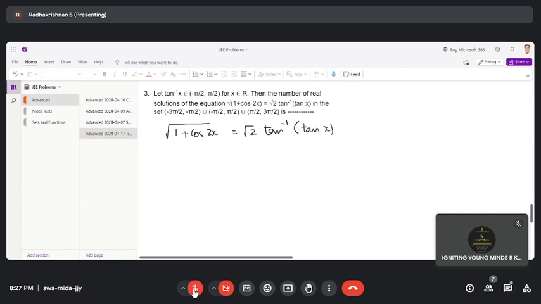So we have to count the number of solutions in this range, minus 3 pi by 2 to plus 3 pi by 2, excluding the values such as minus 3 pi by 2, minus pi by 2, all those places where tan x is not defined.